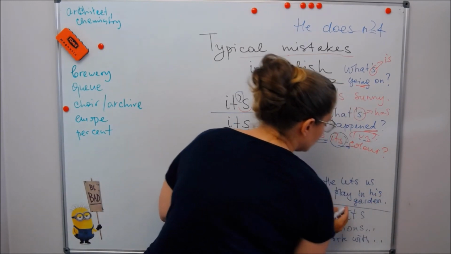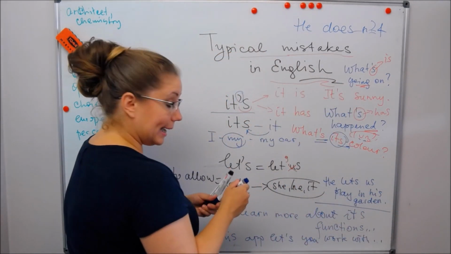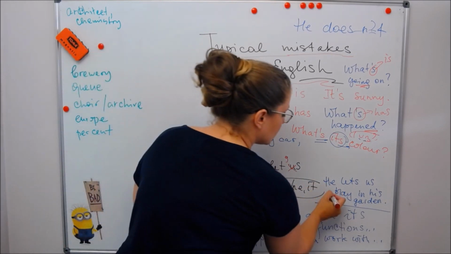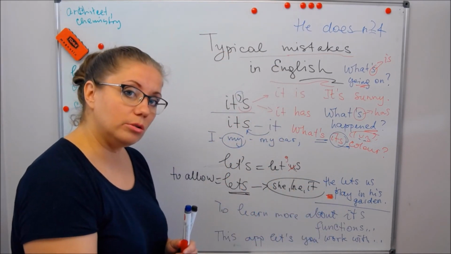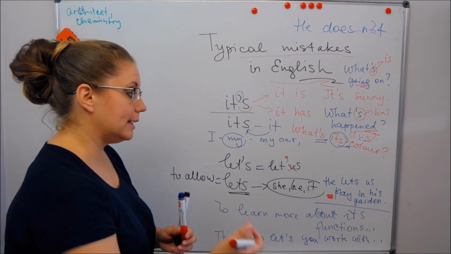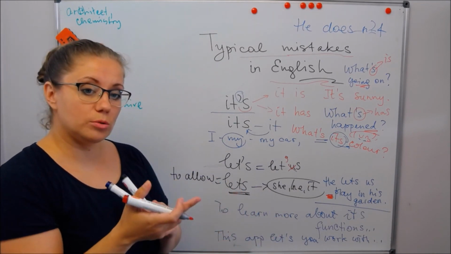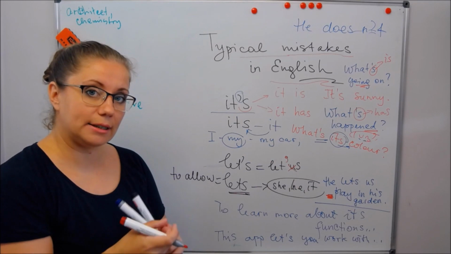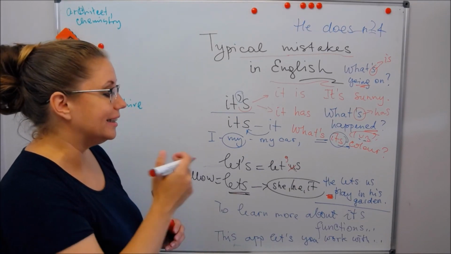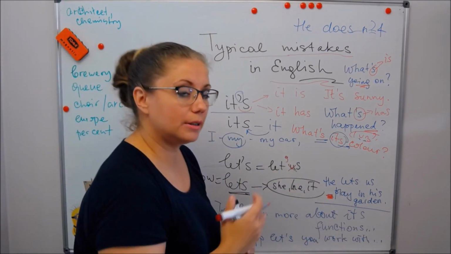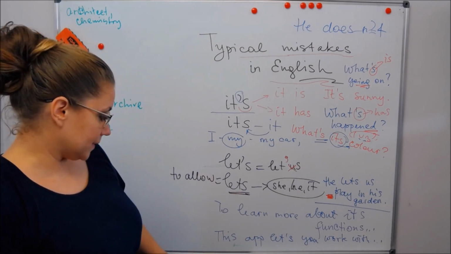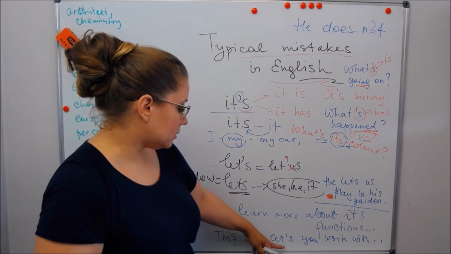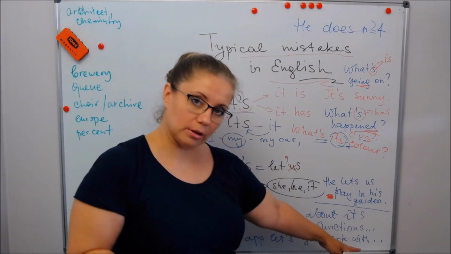And I hope you guys remember that this let is a very interesting combination because here we say it without to. Sometimes people try to say he lets us to play. No, we use it with let, make, and have, without to. He lets us do something. He lets us play. And again, let's look at this example. This app lets you work with.